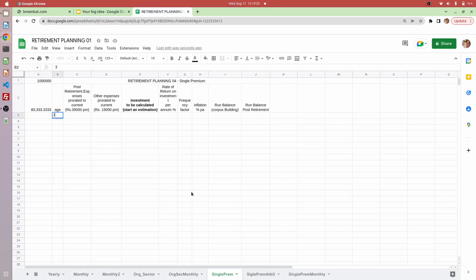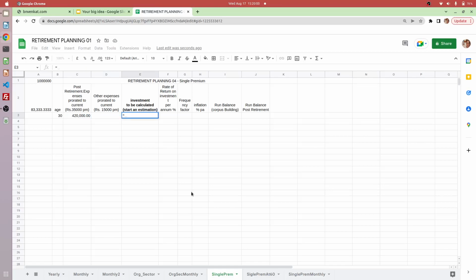Let us say we start the age at 30. Post retirement expenses prorated to the current level is 35,000 rupees per month, that is 4,20,000 rupees at the current level. Other expenses we need not fill up here because we are not going to use any of these figures. Then investment.